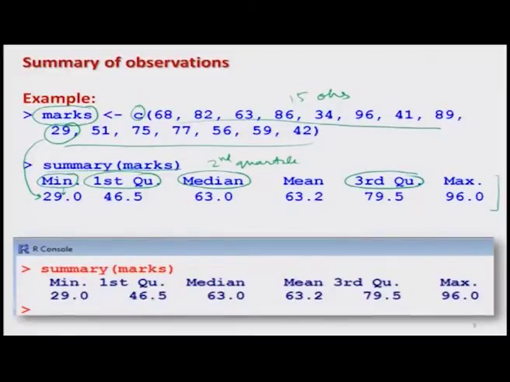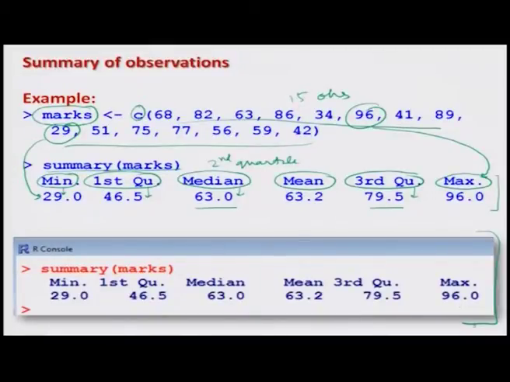So, here you can see it is giving us the first quartile as 46.5, the second quartile, that is the median, as 63, the third quartile as 79.5, and it also computes the mean, that is the arithmetic mean of the data set, and it also finds the maximum which is here 96. So, this summary function is giving us all this information in a single shot, and this is the screenshot of the same thing.